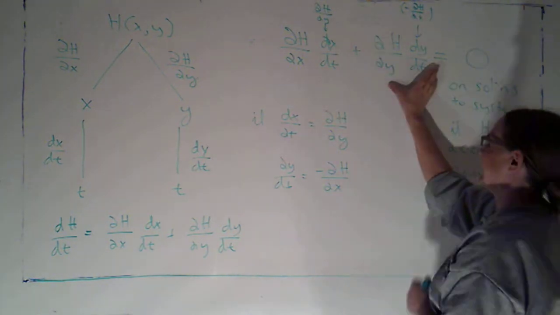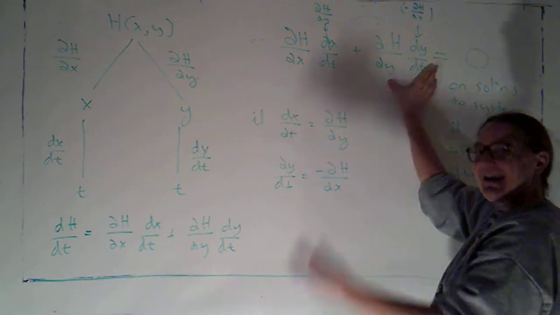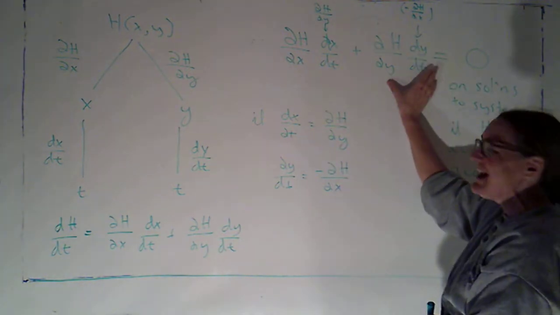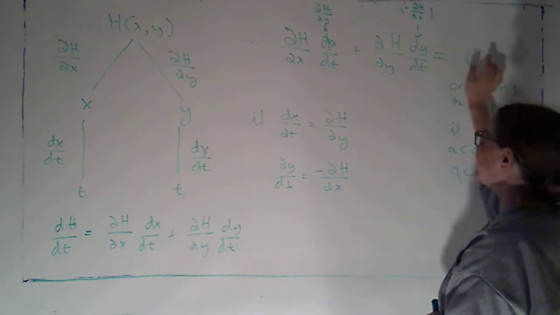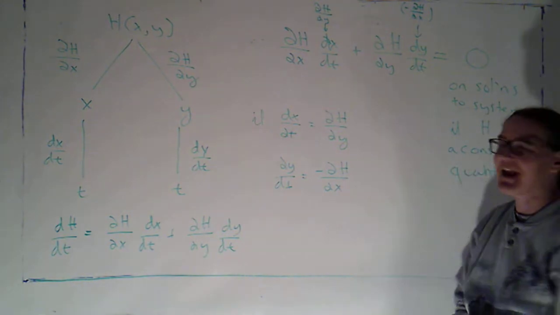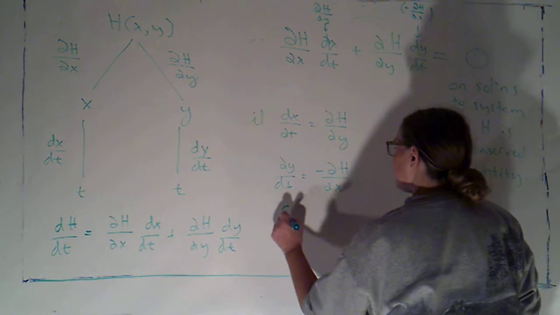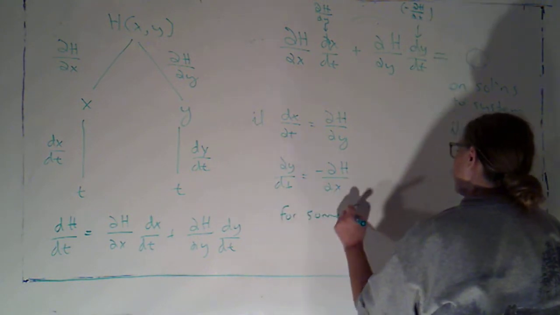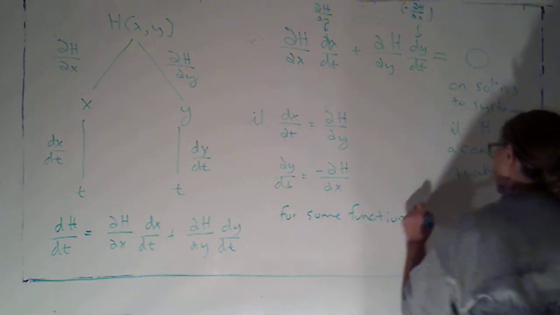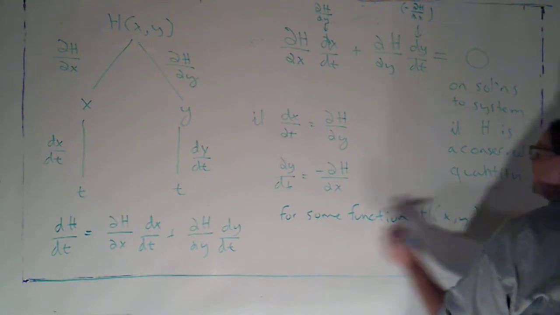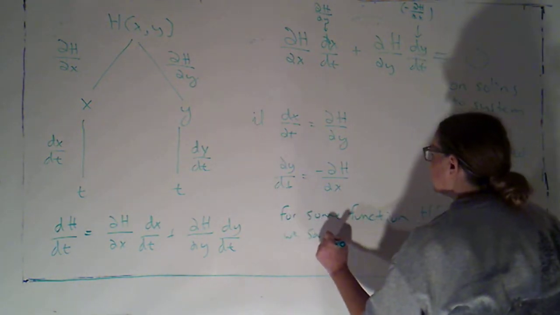If I add something to its opposite, I will get 0. Okay. So, if this is true for some function h of x, y, we say the system is Hamiltonian.